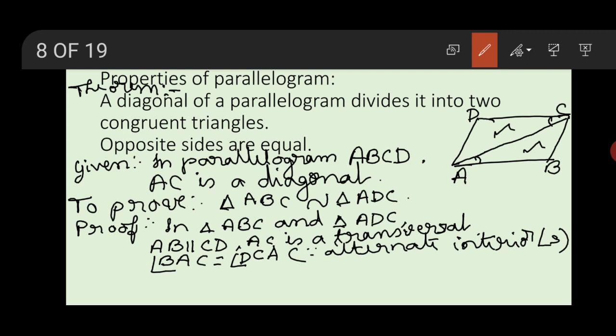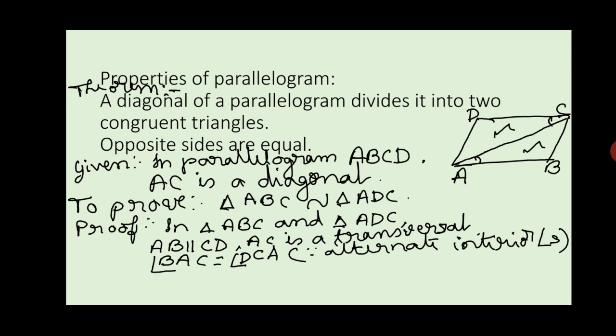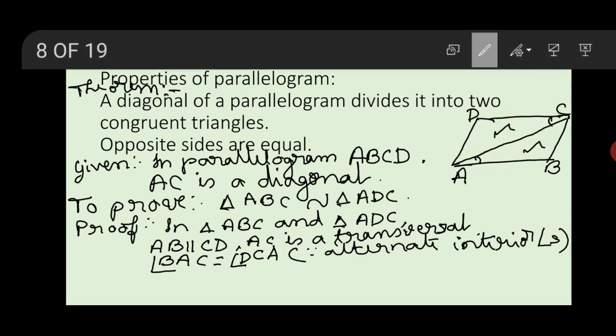Again, AC is common to both the triangles. See, the AC side is common to both the triangles. Therefore, write down AC is equal to AC. Reason: common side.